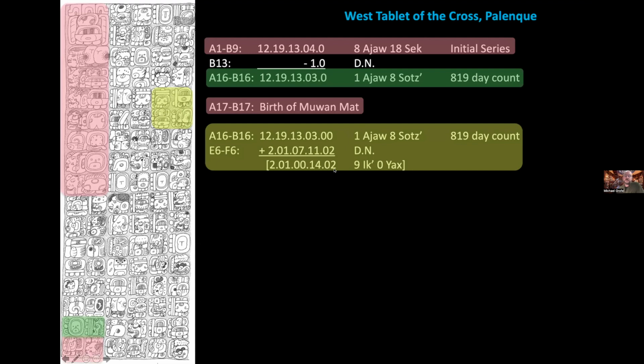That's not stated anywhere, but what is stated actually is another 9 Ik date, which is now known to be the accession date of Muanmat, which is mentioned elsewhere, and we know that date was not the 9 0 Yash date. It is a 9 0 Sak date, which is very similar, although it's off by a katun and 4 winals. So it's quite a bit distant from the actual date of the accession.